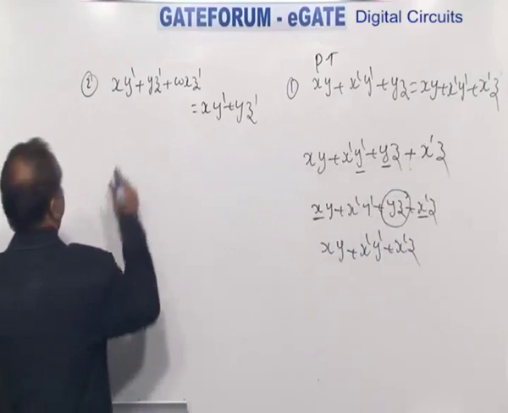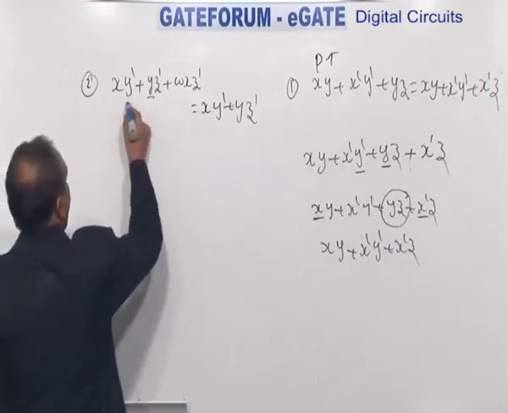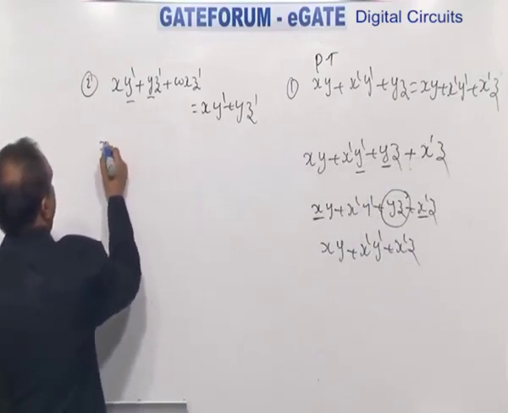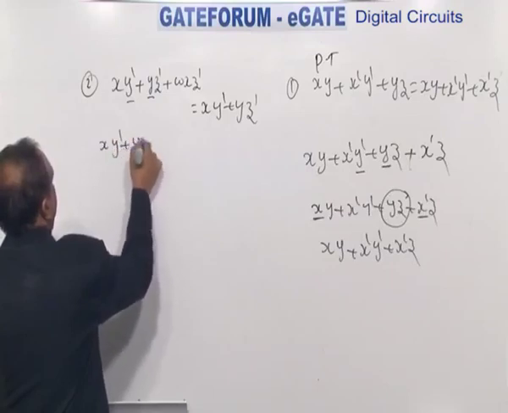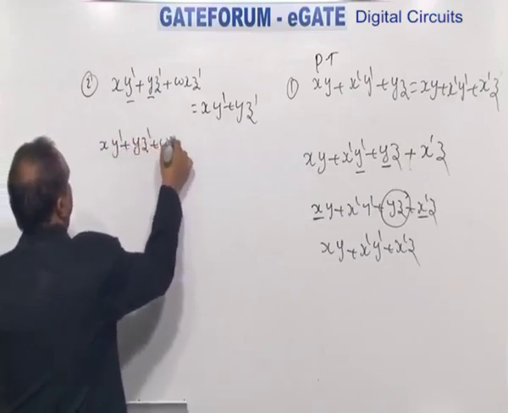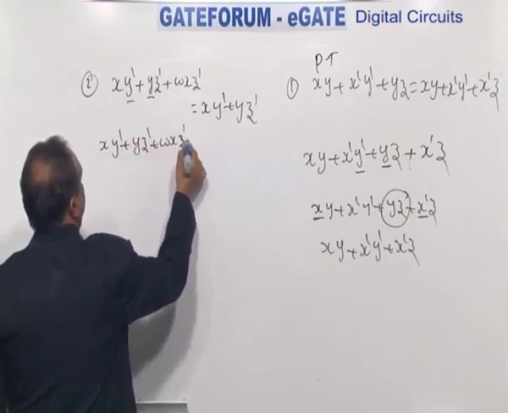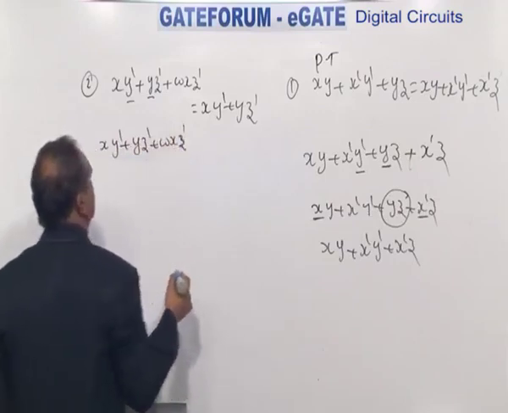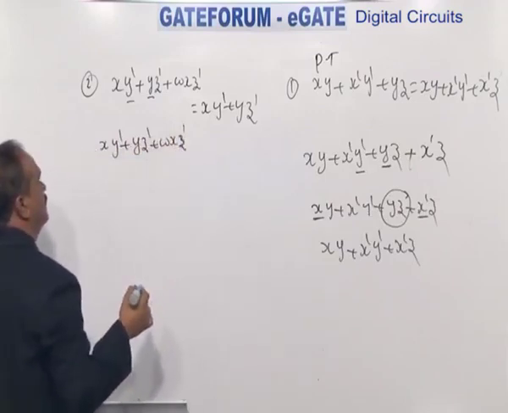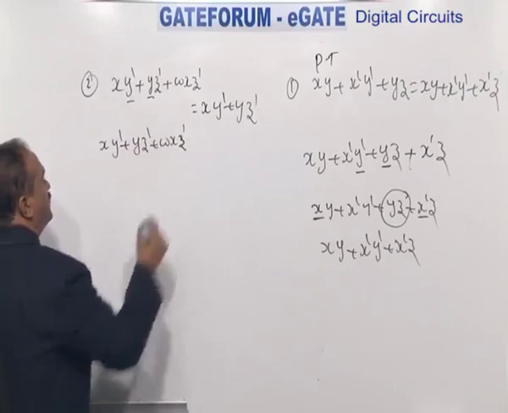By applying the consensus theorem to y and y bar, you can add xz bar.